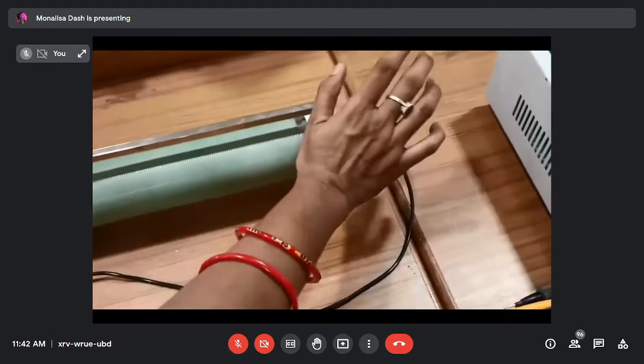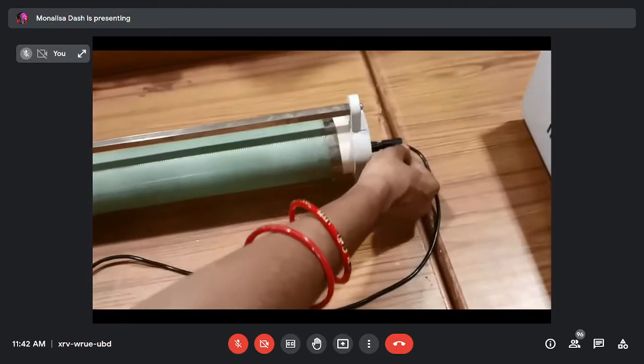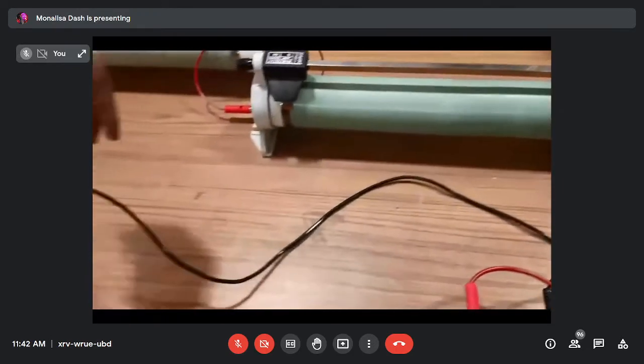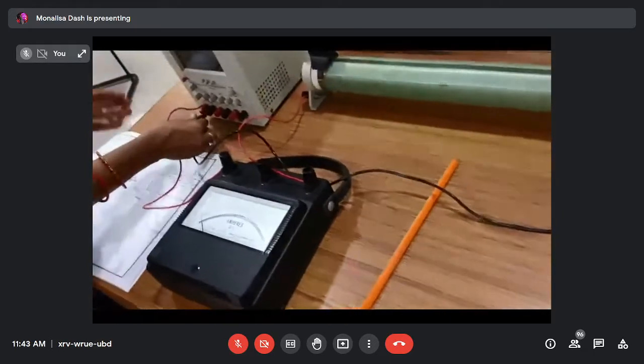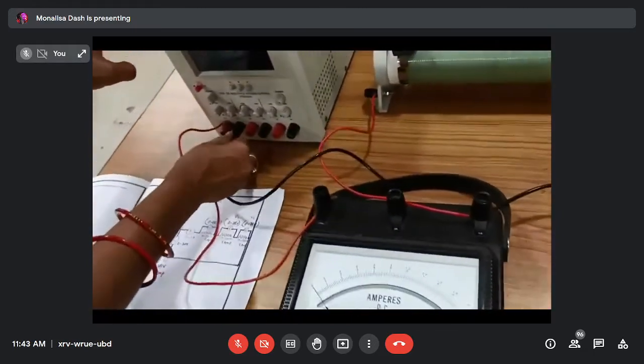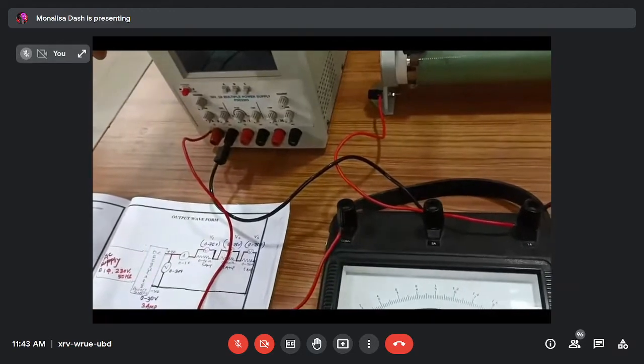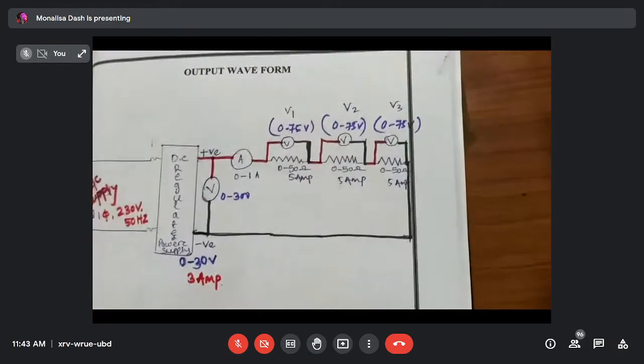Then the third rheostat second end to the negative of the DC regulated power supply. Then the series connection is over.